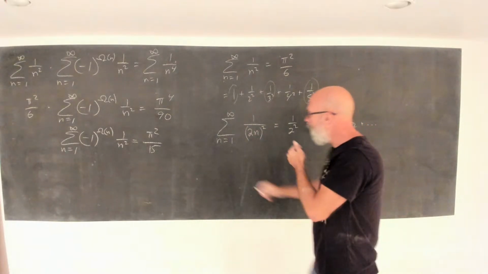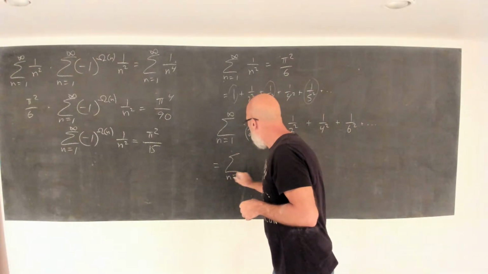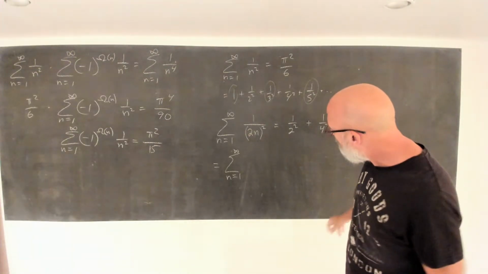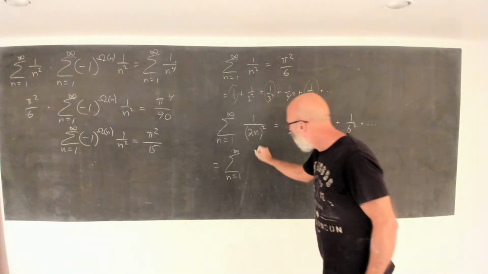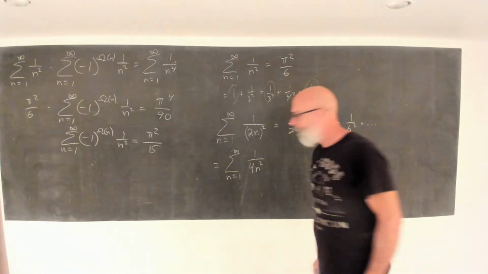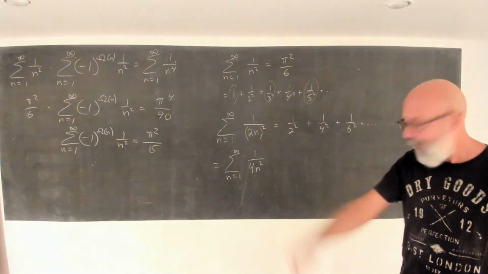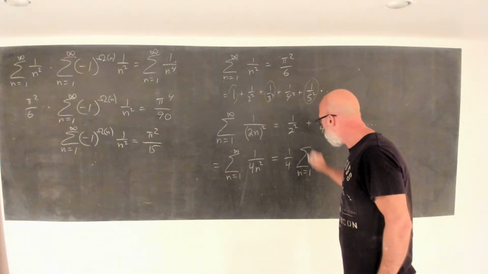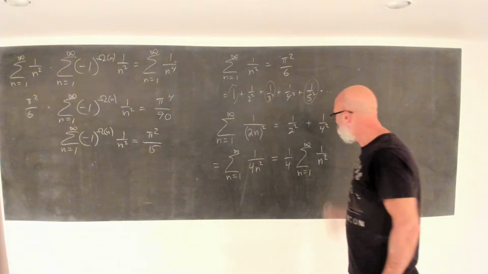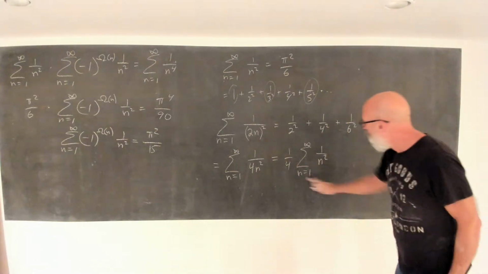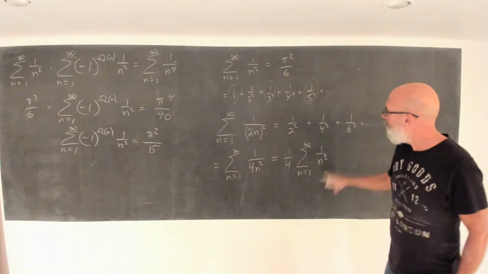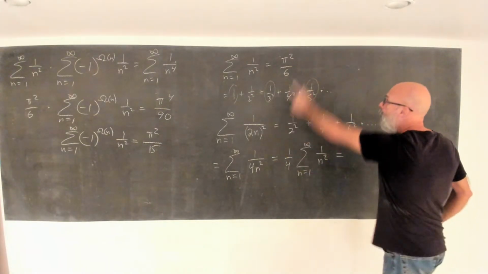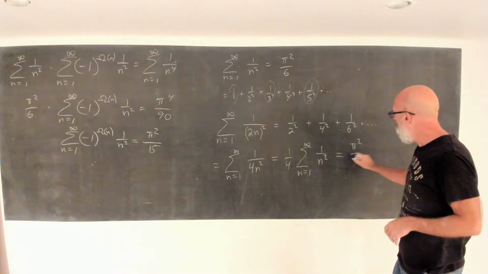But this is really 1 over 4n squared. And if you factor out the 4, we know that this series converges to pi squared over 6. So the evens will converge to a quarter of that, or pi squared over 24.